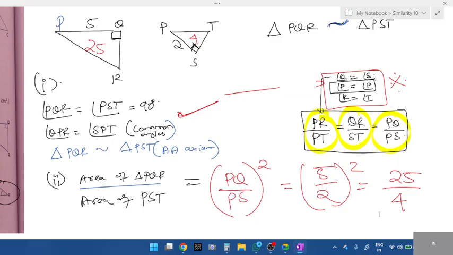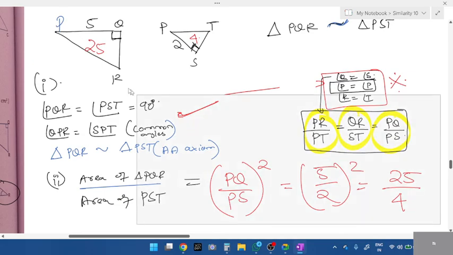Same way, if altitude is given, just take that altitude and square it for area. Complete it till you're done. PQR, PST.